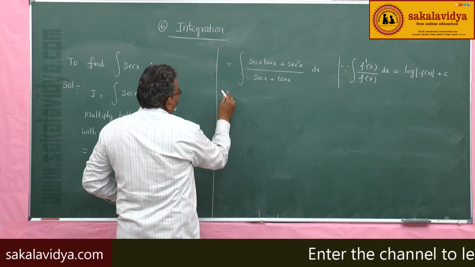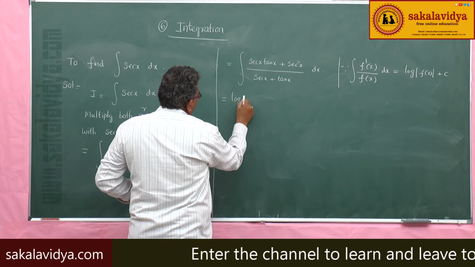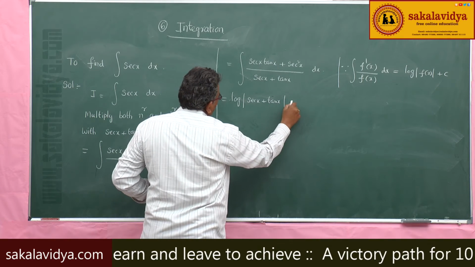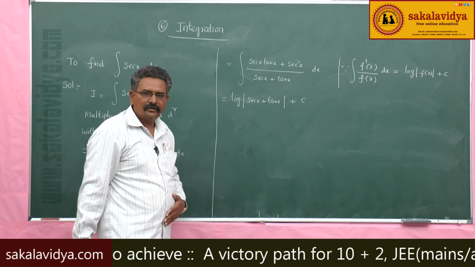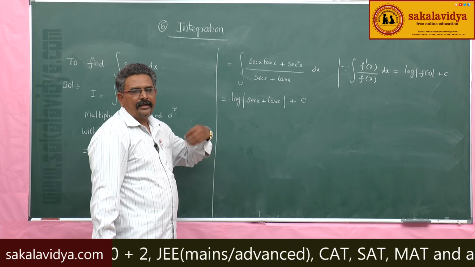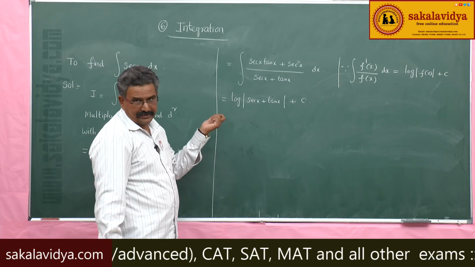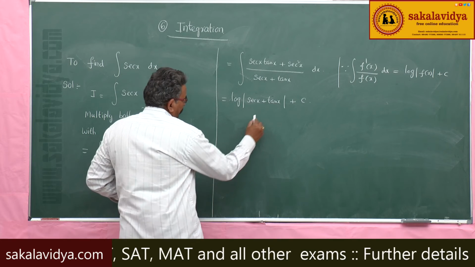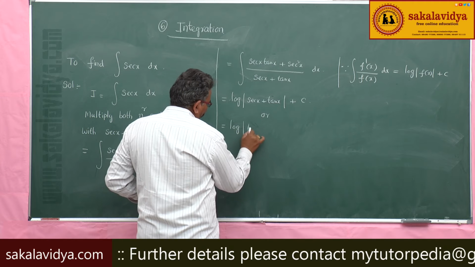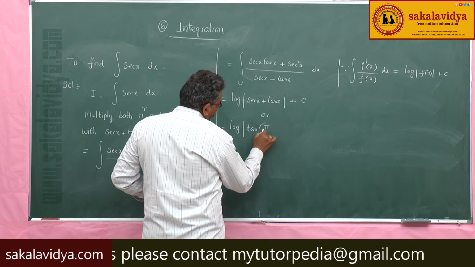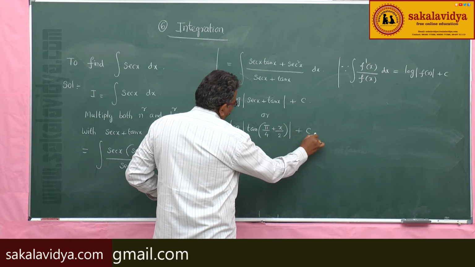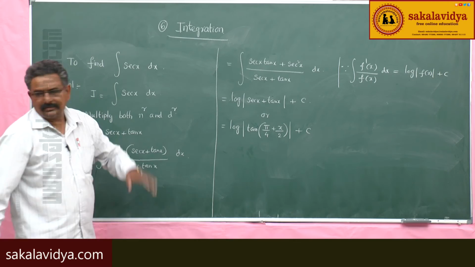So, using this one we write log of mod secant x plus tan x plus constant of integration, or this secant x plus tan x can be written as tan of pi by 4 plus x by 2. So, this can be written log of mod tan of pi by 4 plus x by 2 plus constant of integration. This is the integral of secant x.